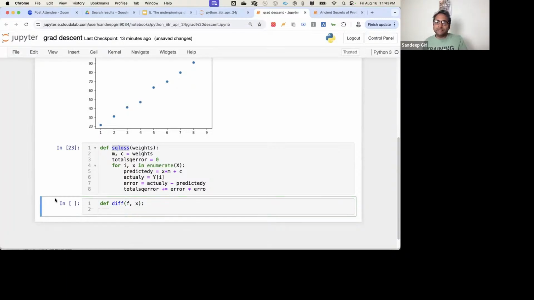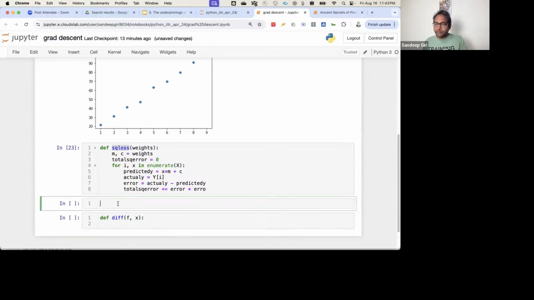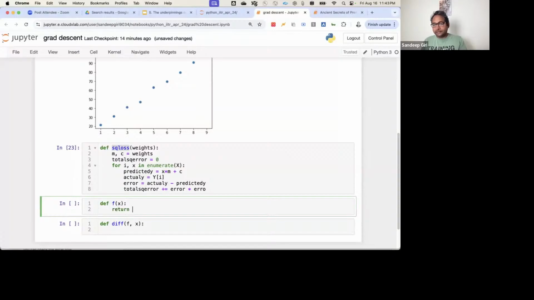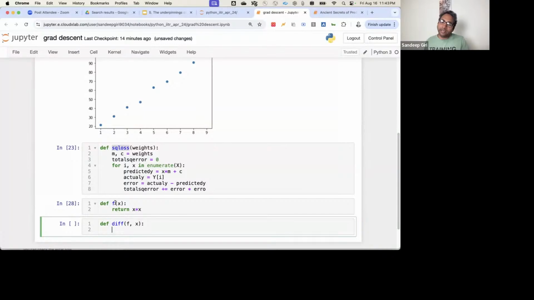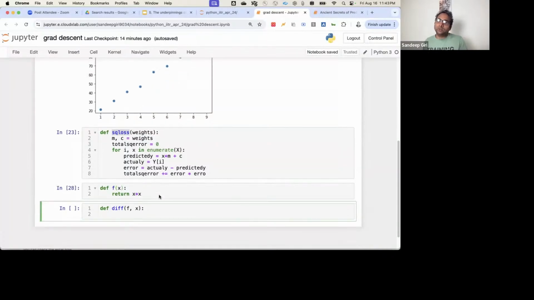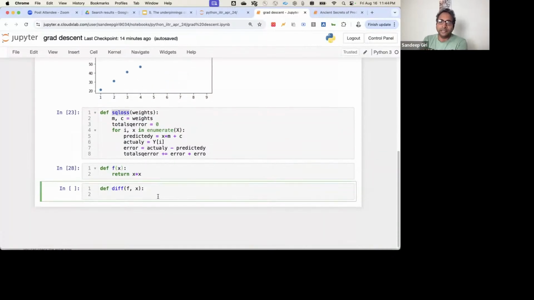Imagine, I'm just taking a bit of digression. Imagine your function f is, let's say, this. It takes x, returns x squared. How would you compute the rate of change of the output with respect to x? Can anybody help me? Yes, the way we have calculated in the Excel sheet, same way.